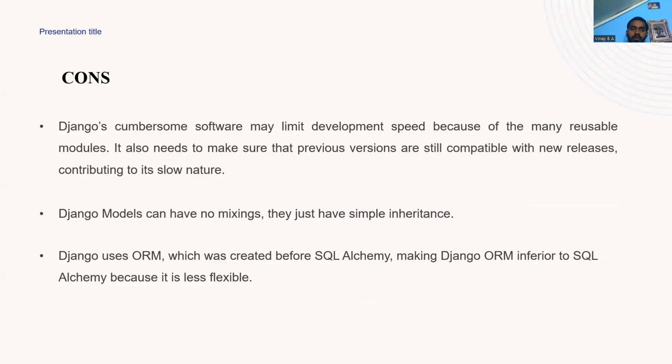Django models can have no mixins; they just have simple inheritance. Django uses its own ORM, which is less flexible than SQLAlchemy.